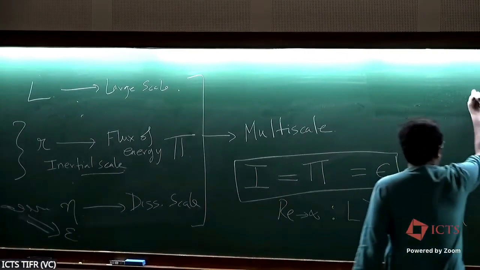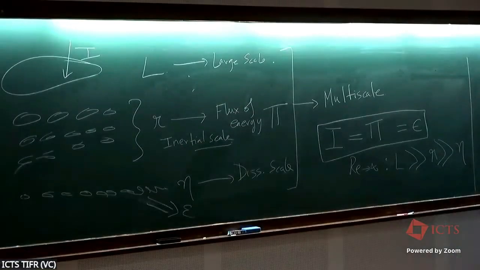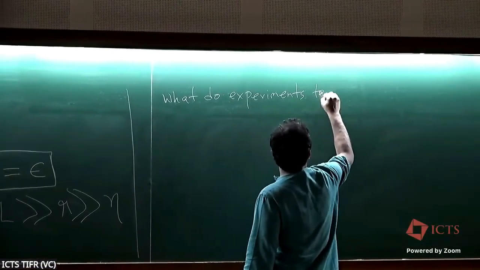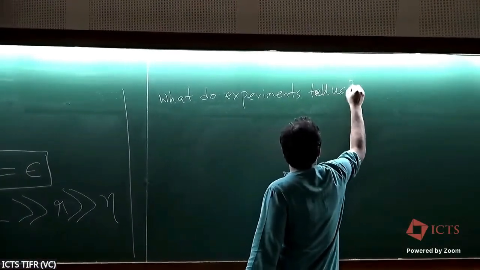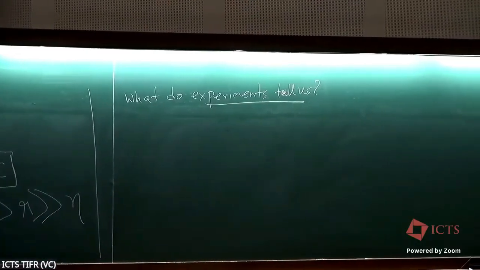So what do experiments tell us? At the end of the day, we'll try to make a theory which will connect to what we see in experiments. Well, they tell us many things, but we'll concern ourselves with just 2 things for the moment.